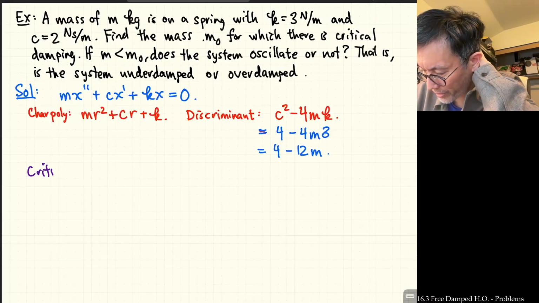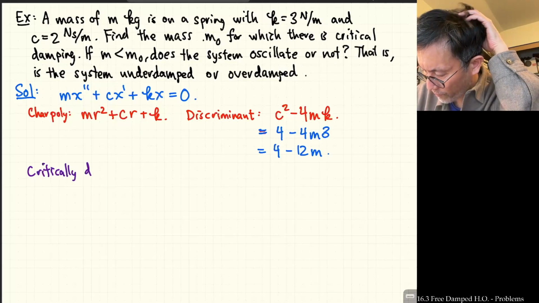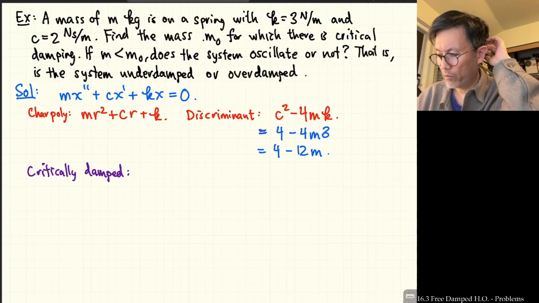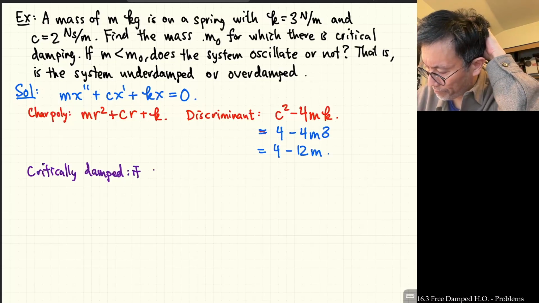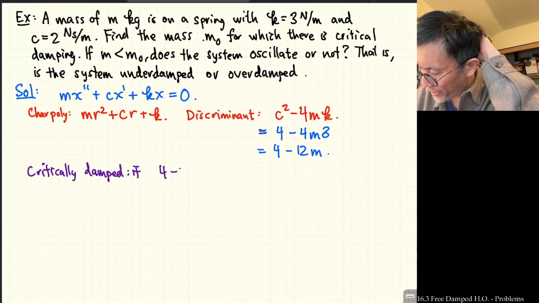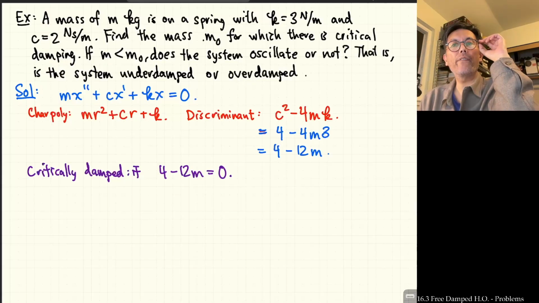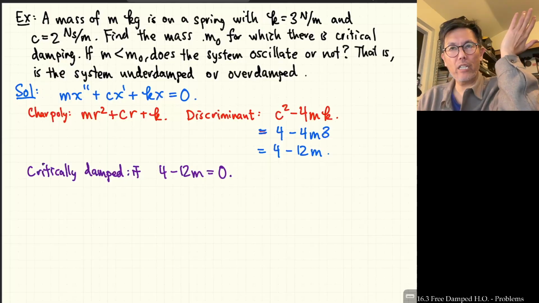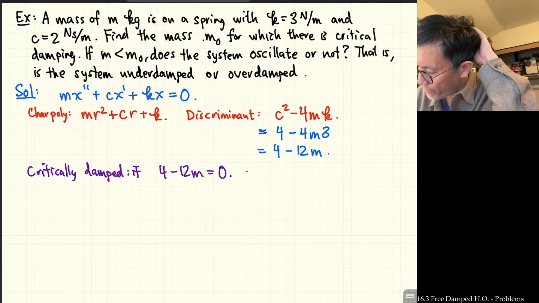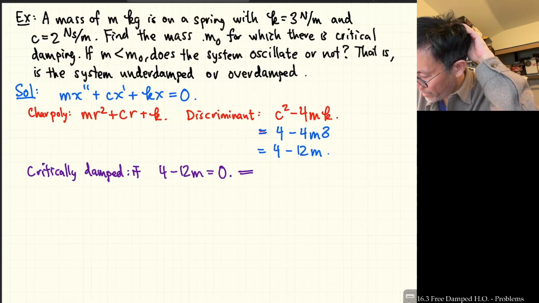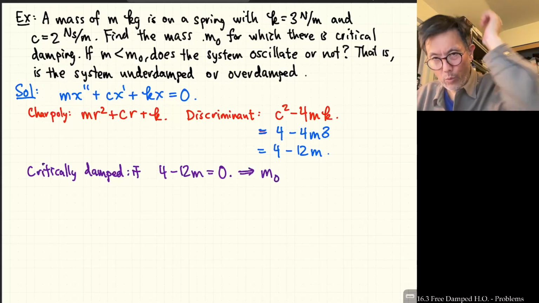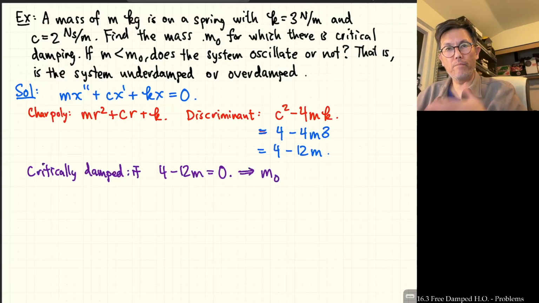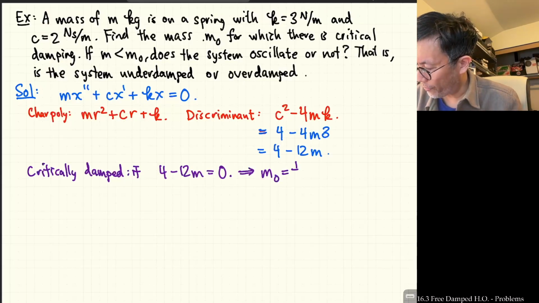The system is critically damped if this discriminant is 0, in other words, if 4 minus 12m is equal to 0. So we want to solve this equation. It's not that hard to see that m is going to be 1/3 kilograms. This implies that the mass which makes this happen is 1/3 of a kilogram.